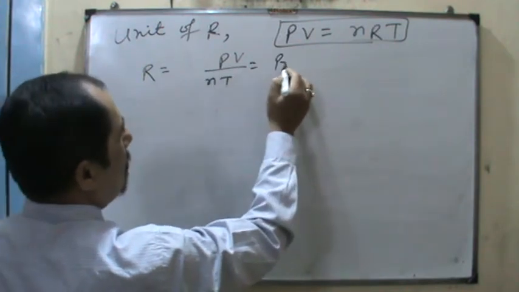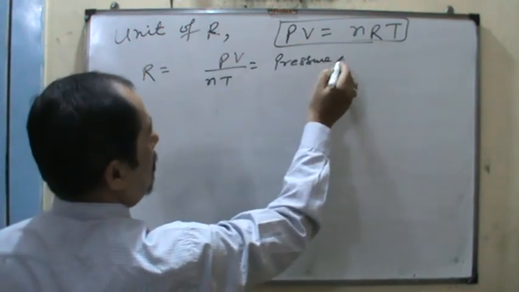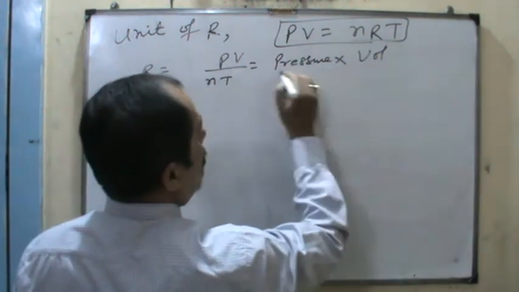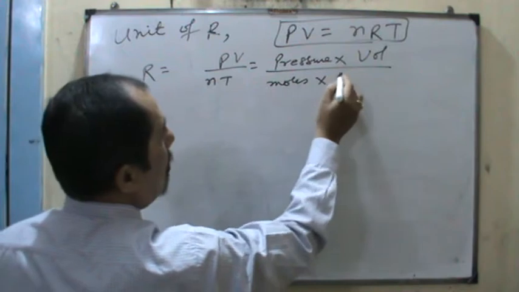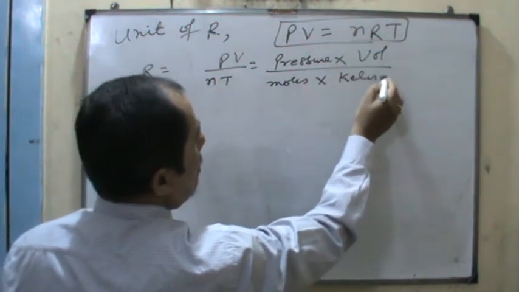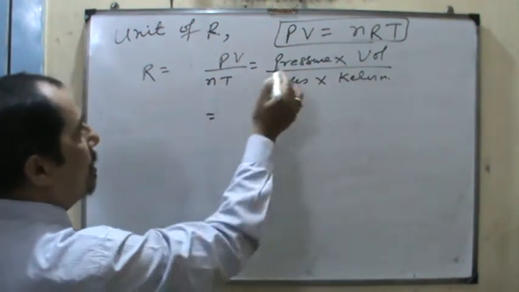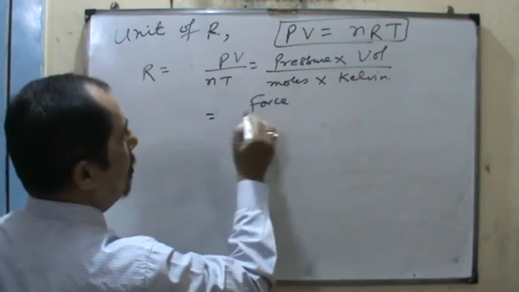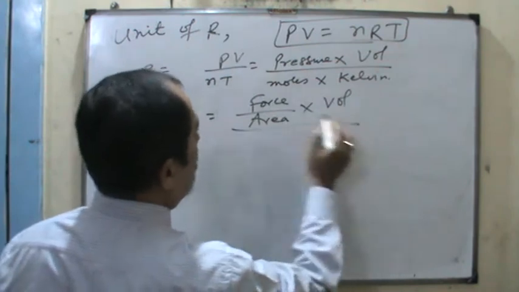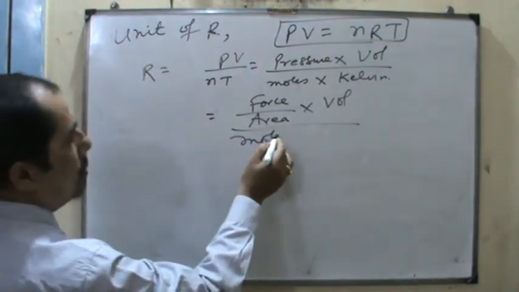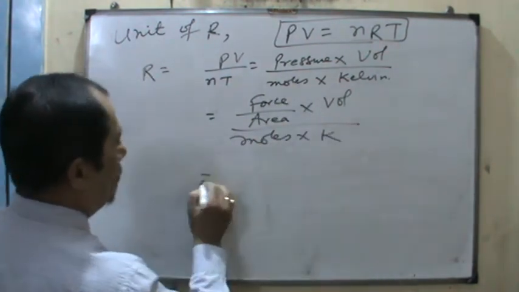P stands for pressure, V stands for volume, n is the number of moles, and T is the temperature in Kelvin. So you know pressure is force upon area, and this is the volume upon number of moles and temperature in Kelvin.